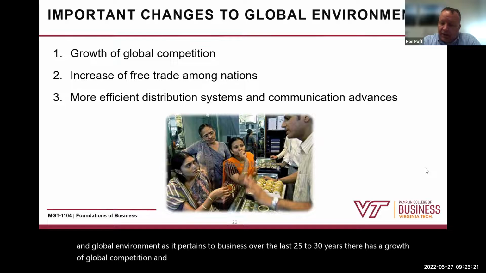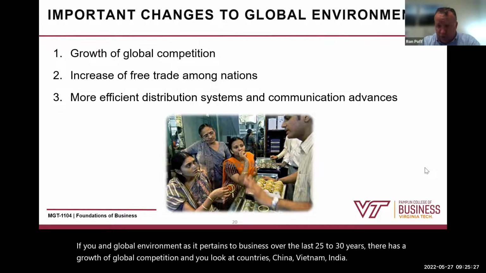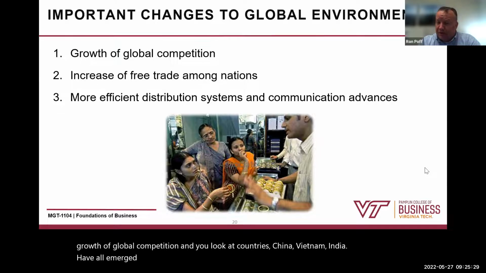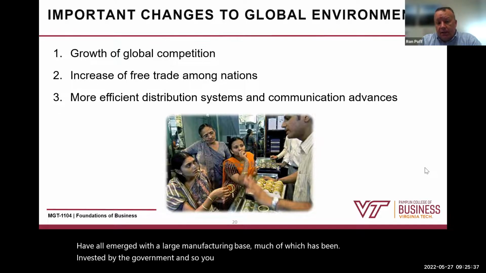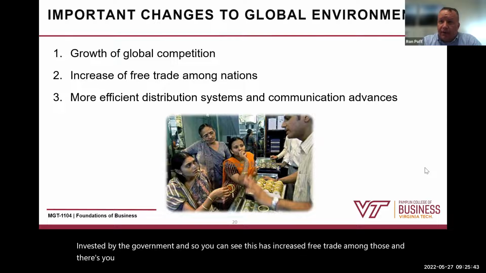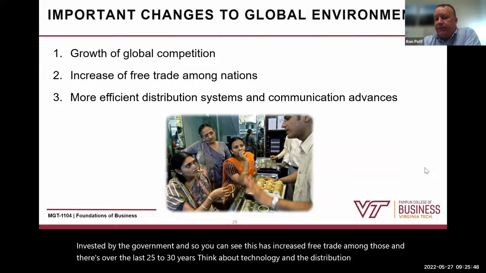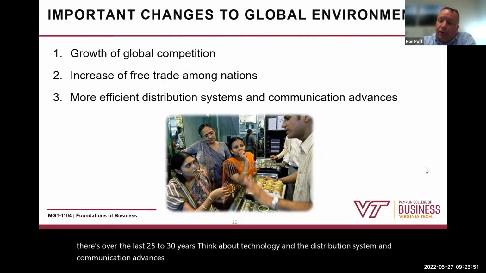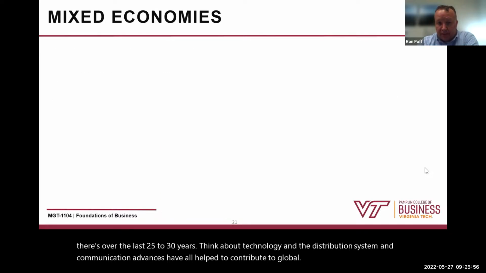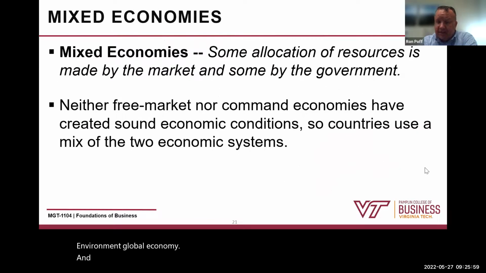Countries like China, Vietnam, and India have all emerged with a large manufacturing base, much of which has been invested by the government. And so you can see this has increased free trade among those. Over the last 25 to 30 years, technology, the distribution system, and communication advances have all helped to contribute to the global environment, global economy.